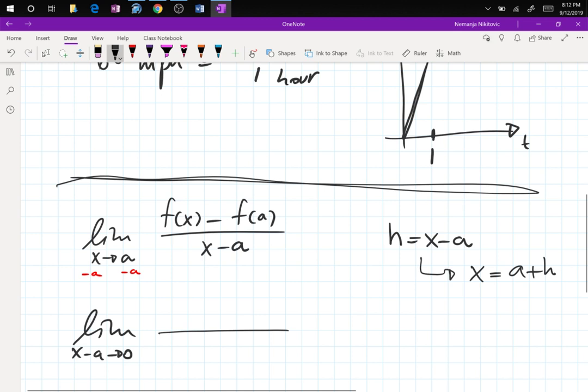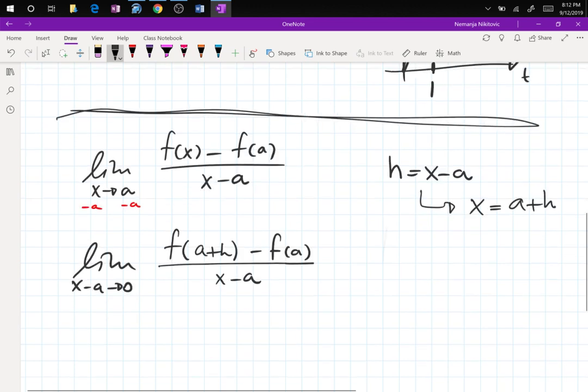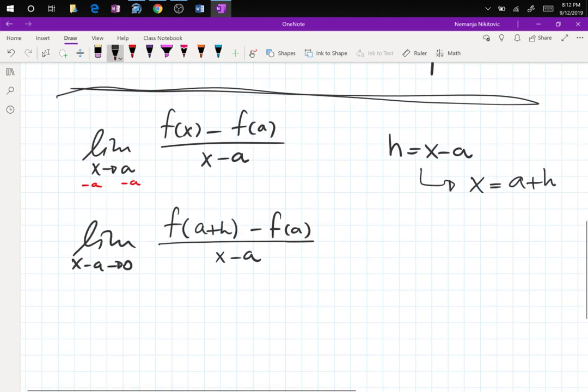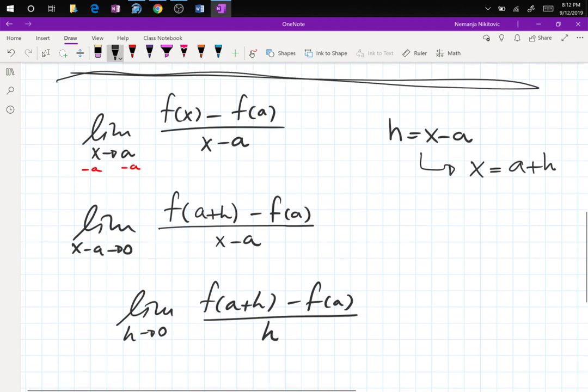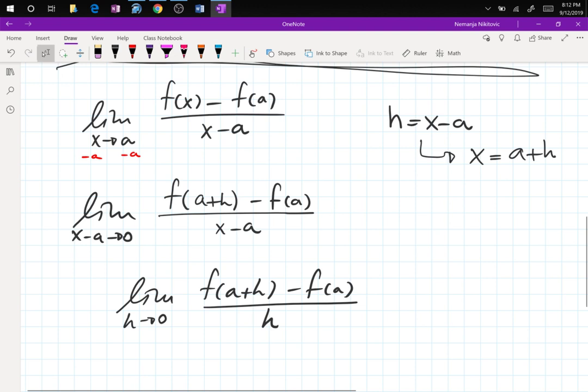When I plug that in, I get f of a plus h minus f of a, and then I have x minus a over here, which is h. So we get the limit as h goes to 0 of f of a plus h minus f of a, divided by h. Just a little bit of mathematical gymnastics to do this derivation.